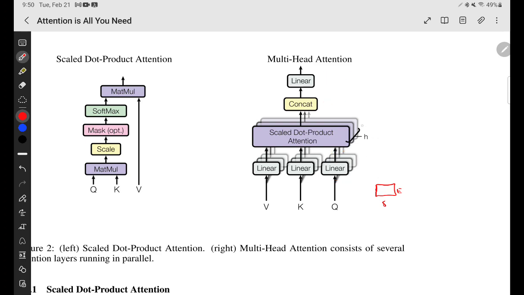You can think about each attention mechanism as finding some different information about the sentence itself. Maybe one's looking for verbs, maybe one's looking for nouns, and it finds information in the sentence about those particular types of words. That's what each head may do.